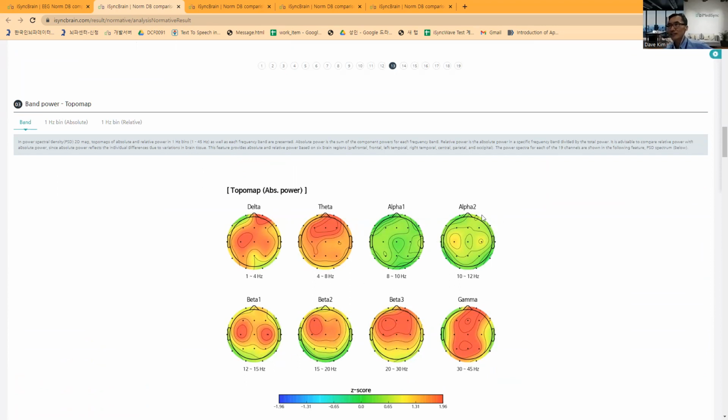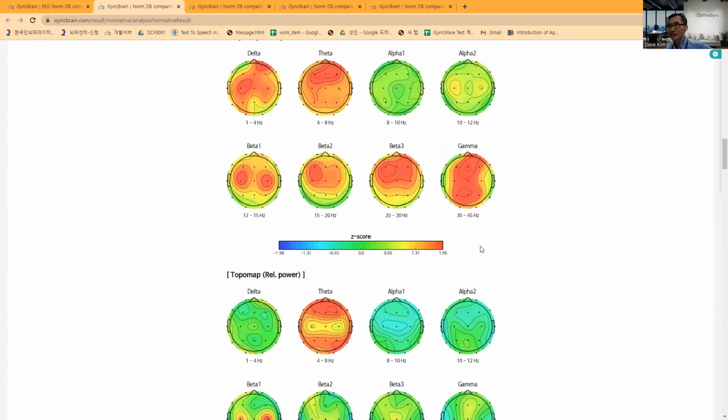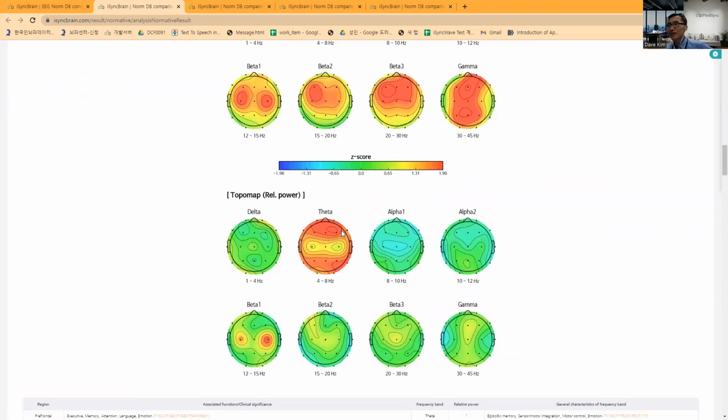Alpha is decreased, basically. In the relative power, theta is excessive, and SMR rhythm is counterbalancing this slowing activity in this case.